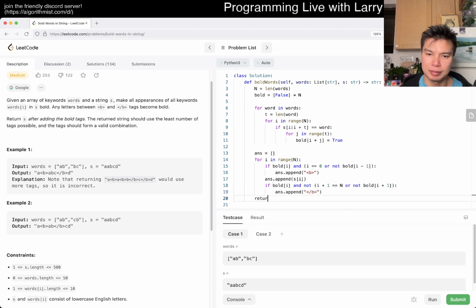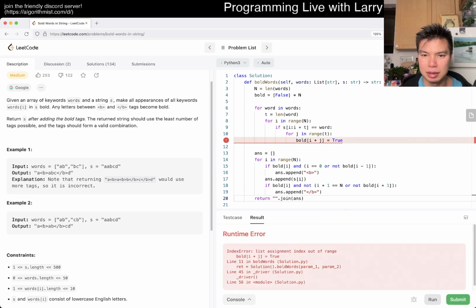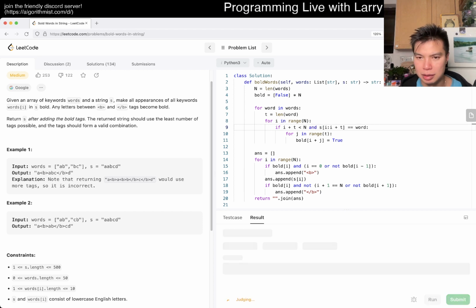Right? Let's see. Really? Wouldn't that by definition? But maybe not. Maybe this cuts it off a little bit. So if i plus t is less than n, that's an awkward way to match though. Do I have an off by one?